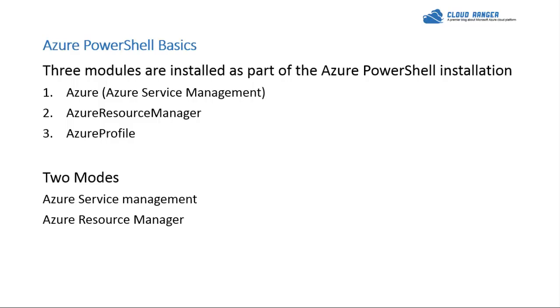You cannot run the Azure Resource Manager mode when you are using the certificate method. If you're using the Azure Account method to connect to your subscription, you can go to both modes. That's why Microsoft prefers that you use the Active Directory method, or the Azure AD method, to connect to the account, to have both these modes available to you.